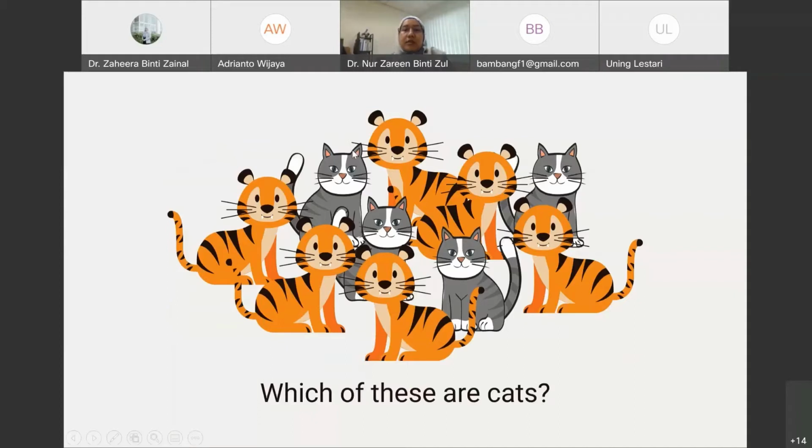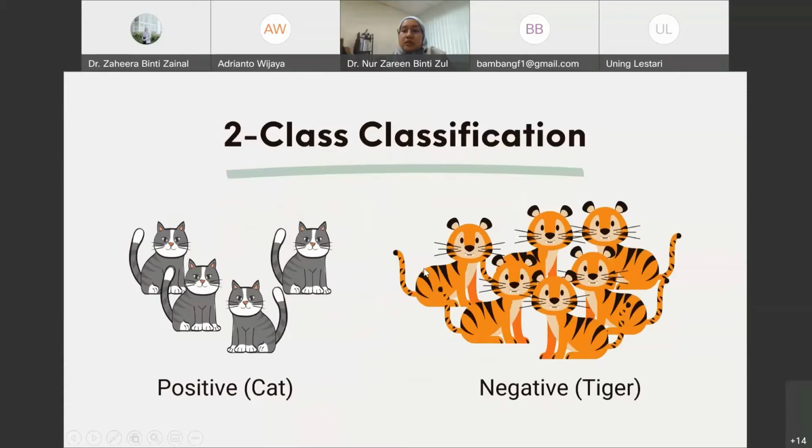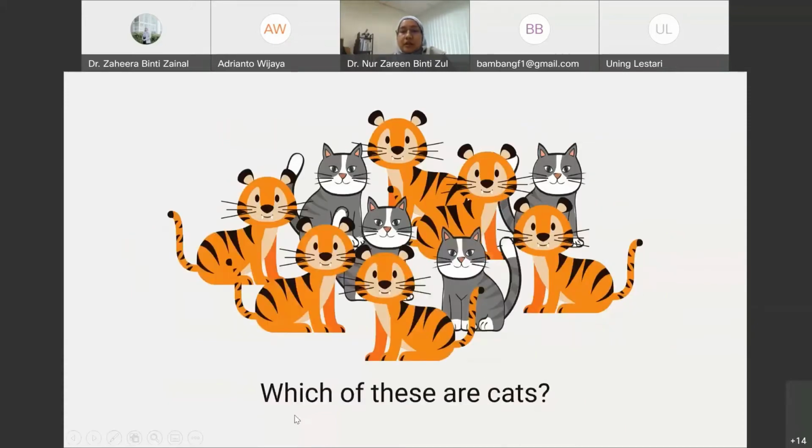For example, in this image, there's a mixture of cats and tigers. Let's assume that you are building a model that would be able to predict, if you show a picture, whether it is a cat or a tiger. So let's say the question is, which of these are cats?